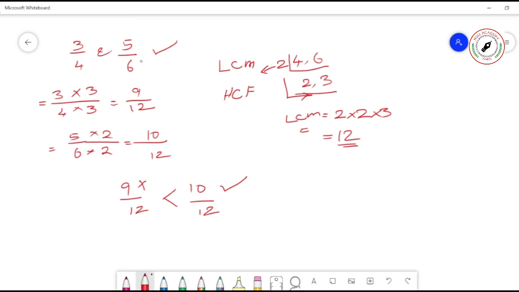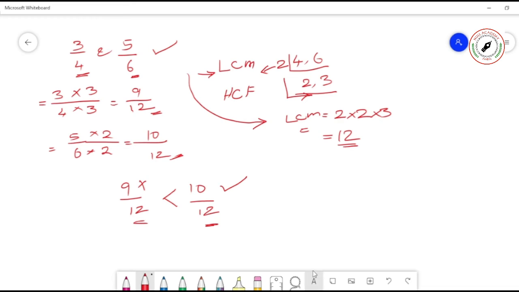If the denominators are different, find the LCM just like this, then find the equivalent fractions and then compare, because after that you will get the same denominators, and comparing the numerators will be easy. Understand? This is the easiest way.